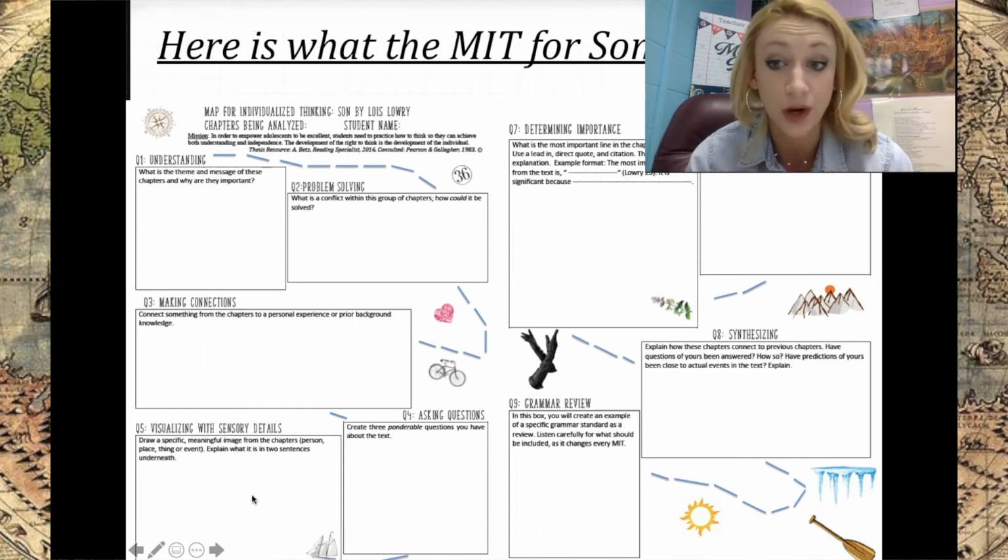This one, you're drawing in this box. This one, you are making inferences, so you're making a prediction. Here, you're pulling your quote, explaining why it's important, making connections, and then your grammar review. So this MIT we can use for any text at all, but this one I just designed with images for Sun, since that's what we're doing now.